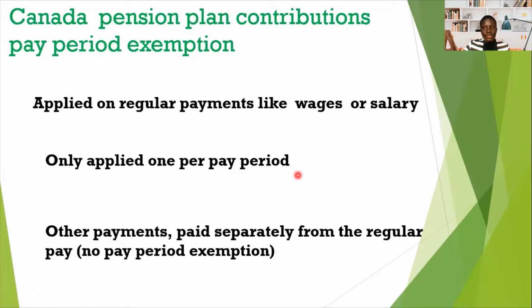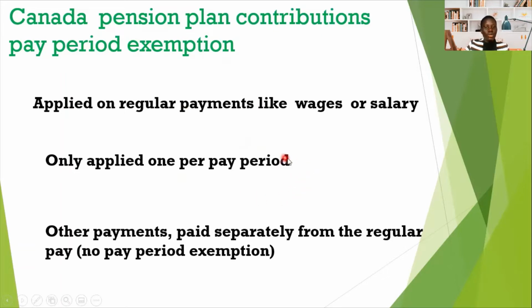So if you had been paid and the exemption was already applied, and somehow the company realized that they did not pay you 200 of your money, they would not apply the contribution exemption on that amount, because they have already applied it before.